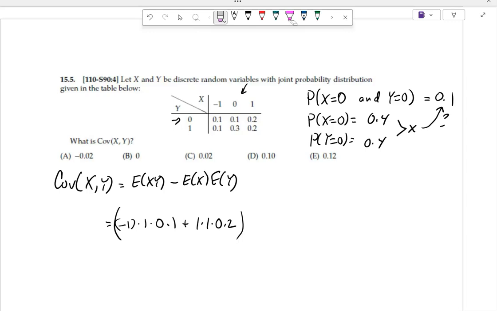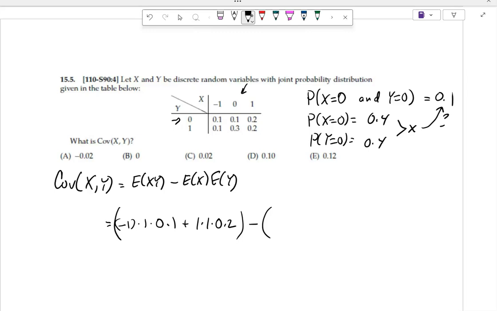Okay. What about for the expected value of y? Or excuse me, the expected value of x? I can either do it the long way or the short way. Which values do I not need to worry about for the expected value of x?